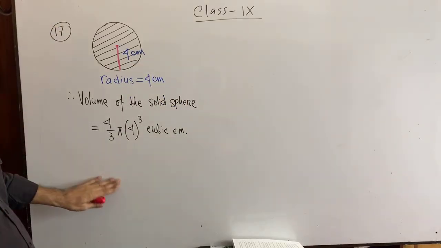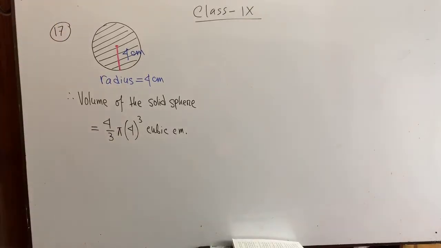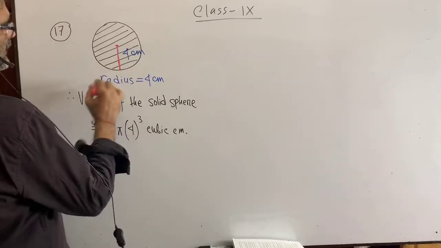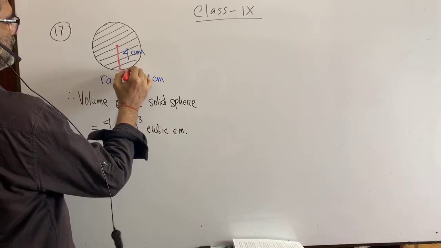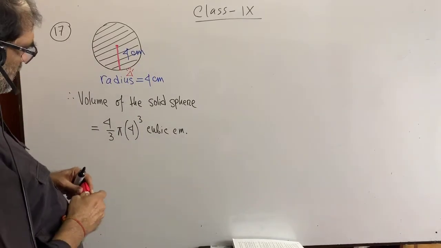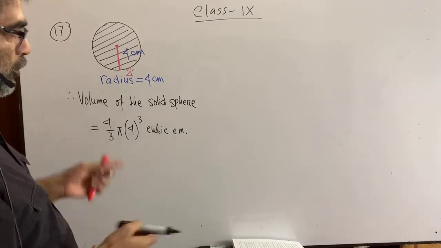What is the formula to find the volume of a sphere? 4 by 3 pi a cube, right? Now it is told in the question that it will be melted, and the molten part will be used to form a hollow sphere.